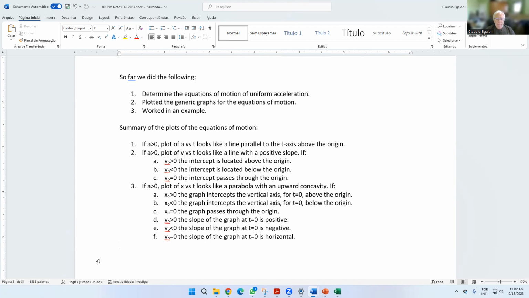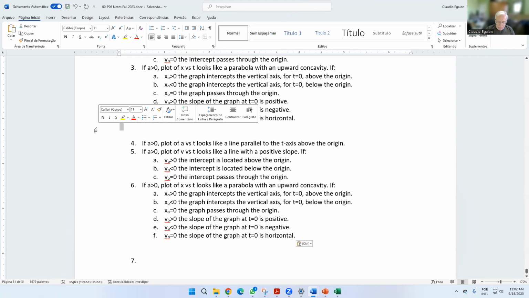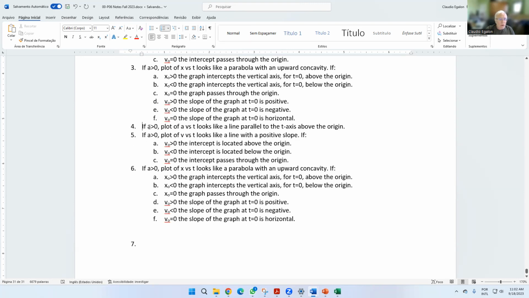Oh, wait a minute, we still have a less than 0, right? It's not every possible graph, it's just half of them. Now we have to do it for a less than 0. Here you go. The plot of a versus t looks like a line parallel to the x axis below the origin, like that.